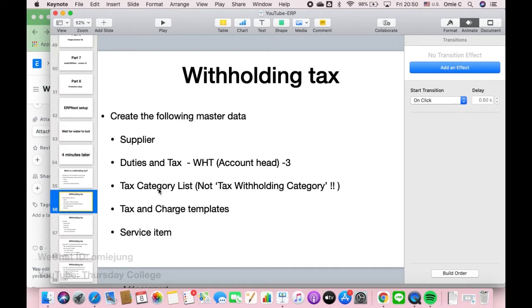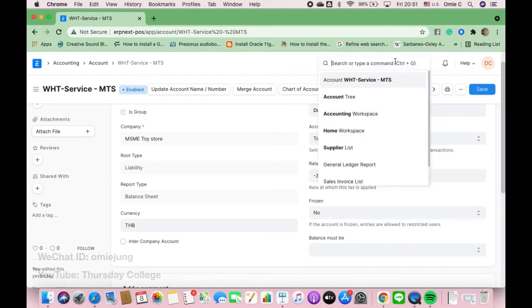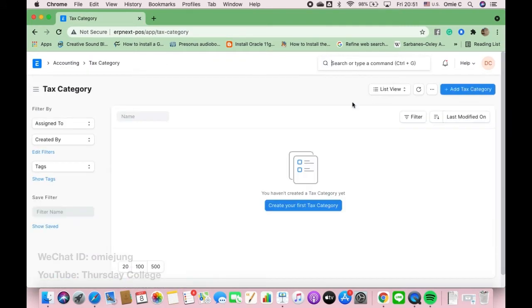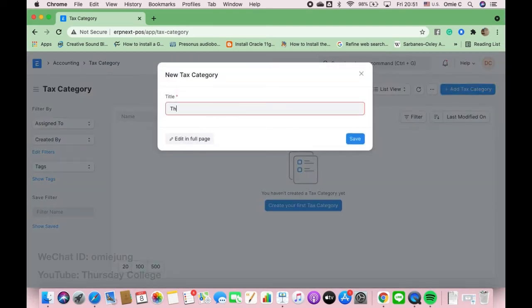And then that's the tax category list. Like I told you, we will not use tax withholding, so we go to the tax category list. In the tax category list I add Thailand withholding tax, 3%, something like this.